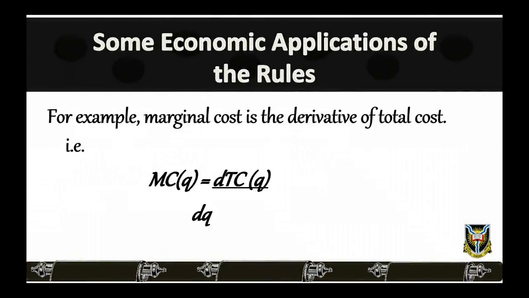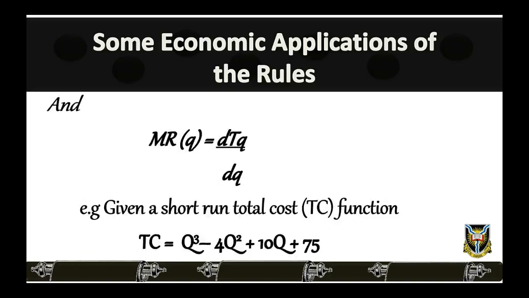That is, MC(Q) equals dTC(Q)/dQ, and MR(Q) equals dTR(Q)/dQ. For example, given a short-run total cost function TC equals Q^3 minus 4Q^2 plus 10Q plus 75.